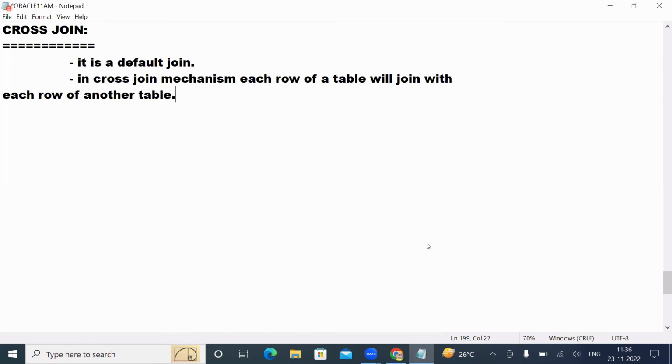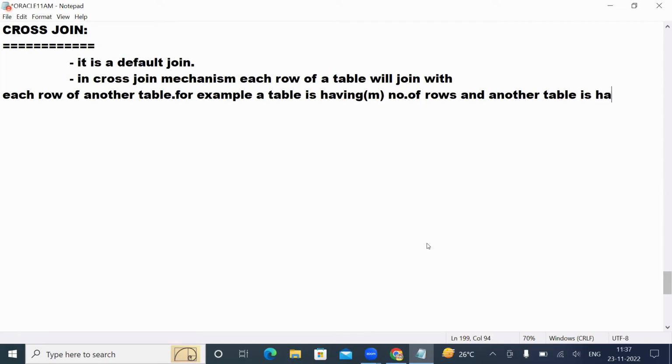For example, a table has m number of rows and another table has n number of rows.